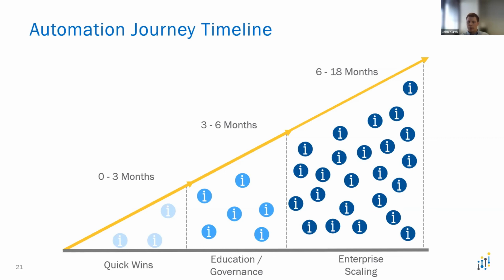Then once we have a handful of those quick wins that we can show ROI and results to, bring that to IT and the cross-functional business areas to say, hey, here's what we're doing. Here's some of the results that we've seen. Let's start standing up an IT governance model, or making sure that we're following the appropriate security protocols, and start to evangelize this across the entire organization to really scale.